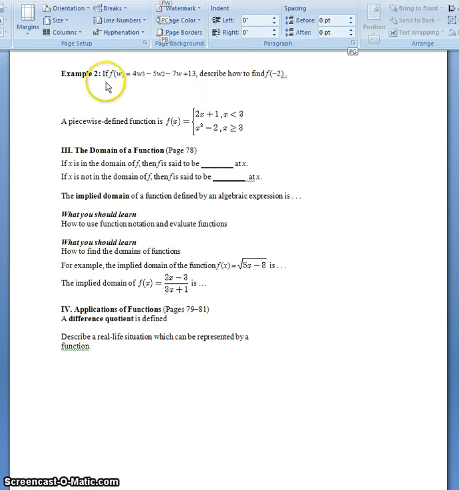Polynomials are going to have domains of all real numbers. There are no problems with radicals, there are no problems with denominators. Piecewise functions, you can look over here and see information about the domain directly. If it's a radical, be concerned about the radicand. If it's a fraction, be concerned about the denominator.